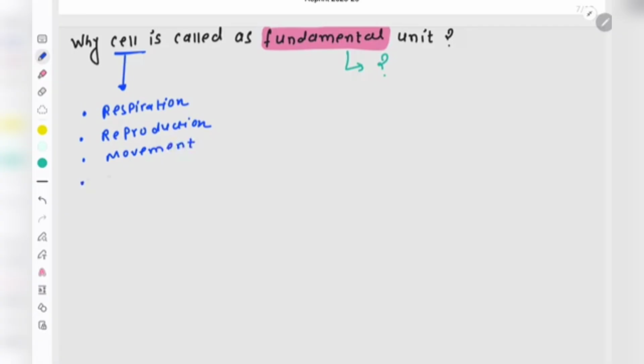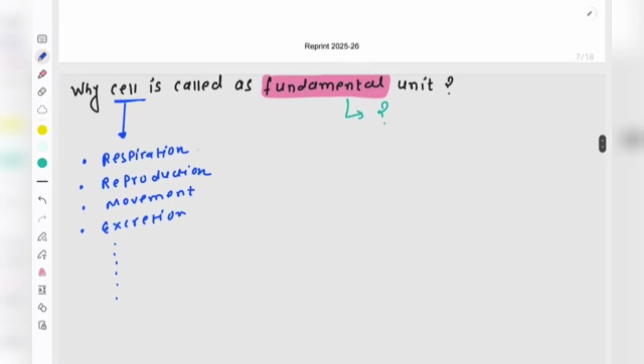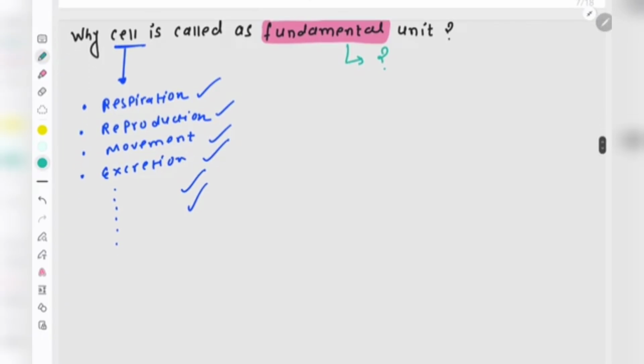Understand all these things, whatever I am writing here. There are so many other examples, like respiration, reproduction, movement, excretion. All these are things required for survival, and all these functions are done by cells. Because your cells can perform all these functions, that's why they are called the fundamental unit. Make sense?